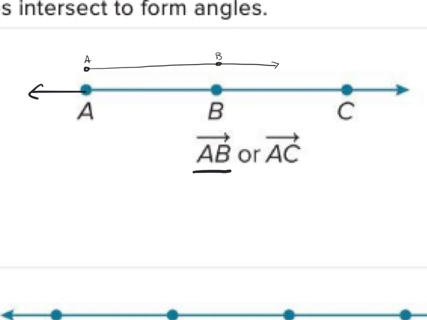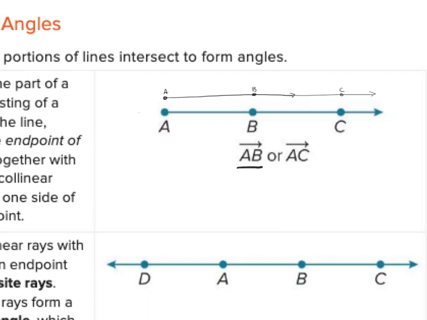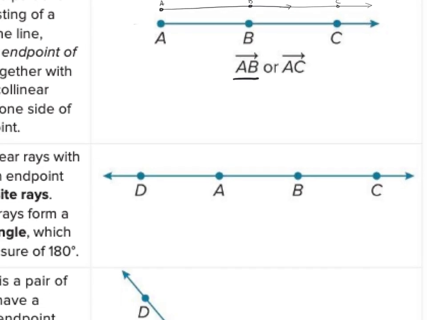Or since it does continue on through this point right here, they're collinear, so it doesn't matter. We could call that same item either ray AB or ray AC. It is the same thing, just annotated differently, but it does identify the same location.